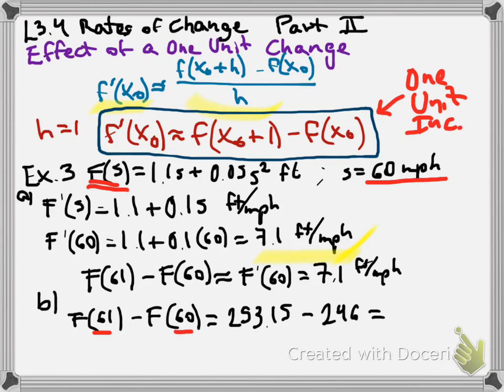And the answer for that is 7.15, feet per miles per hour. If you compare this answer with the other one that we got, it's a very good approximation, 7.1 to 7.15, which is the real value. So the 1 unit increase helps us calculate that change with an easier formula, because it's always going to be easier to use the derivative. At least we are getting down the powers, so it will be an easier equation.